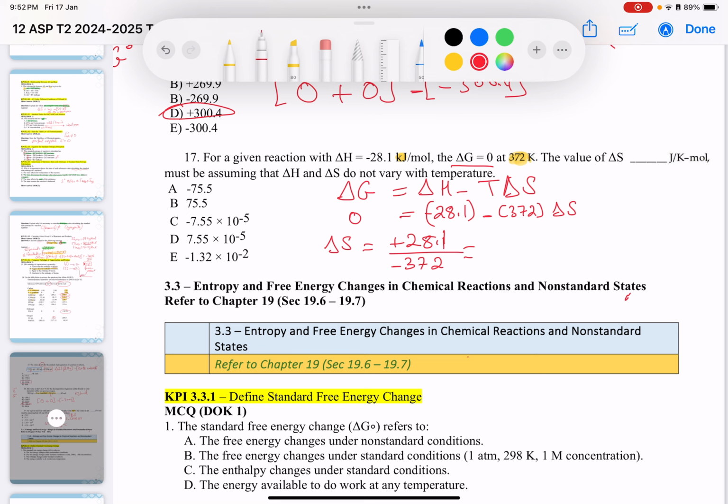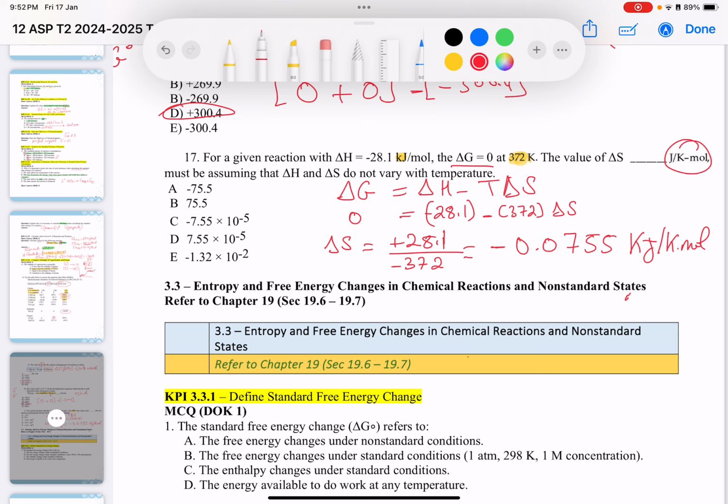So let me just get it on the calculator. So 28.1 divided by 372. The answer is negative 0.0755. The answer here is kilojoule per Kelvin mole.